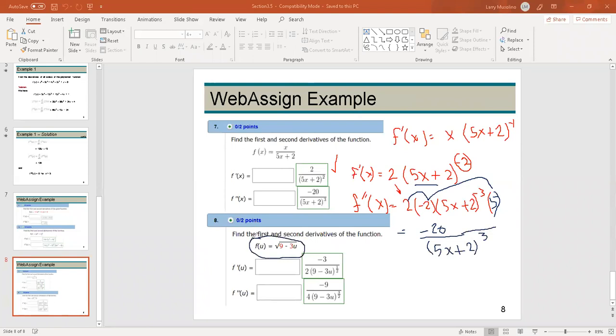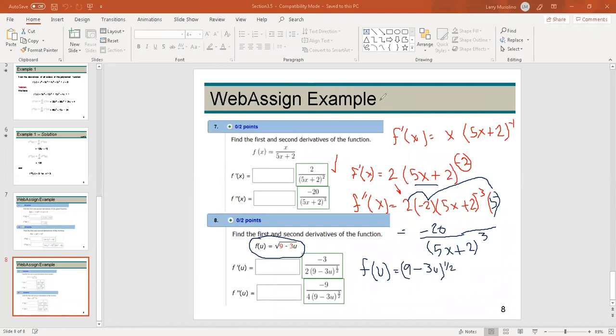Well, you remember when we're taking derivatives, we'd like to replace square roots using the exponent 1/2. So this is going to be 9 minus 3u to the 1/2. All right, let's take the derivative of this function.